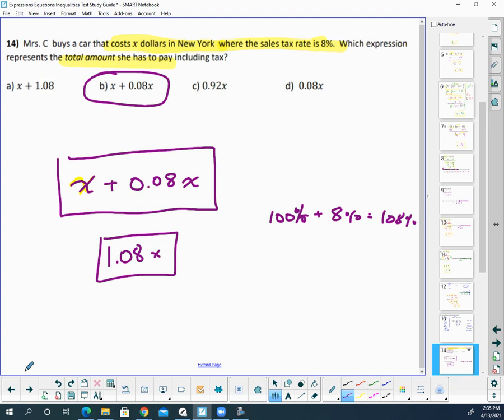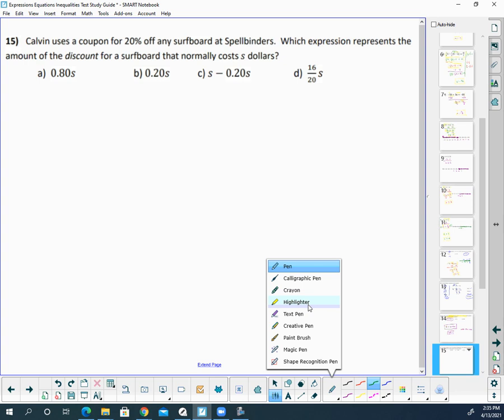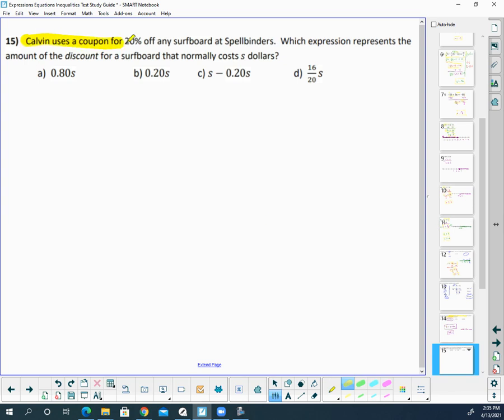So this was the only answer that worked, but I just wanted to show you that this answer down here would also work. Moving on to number 15, Calvin uses a 20% coupon for surfboards at Spellbinders. Which expression represents the amount of the discount? So just the discount for one that normally costs S dollars. Well, the discount is just the 20% that he's going to get off.